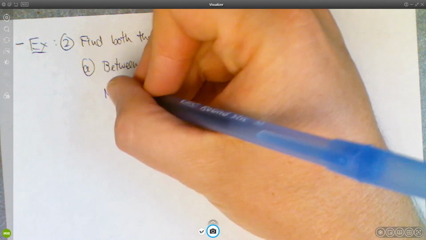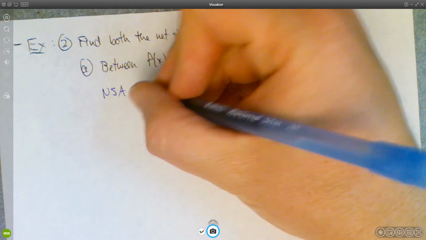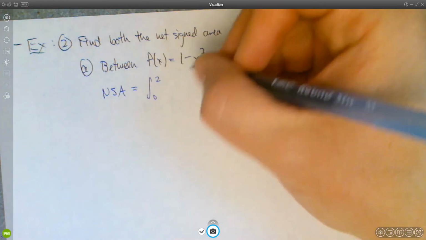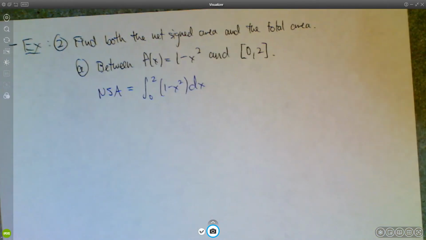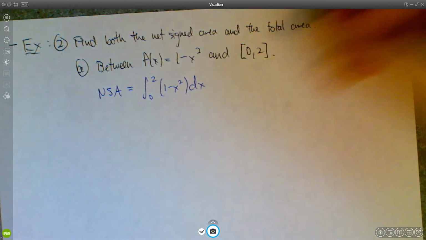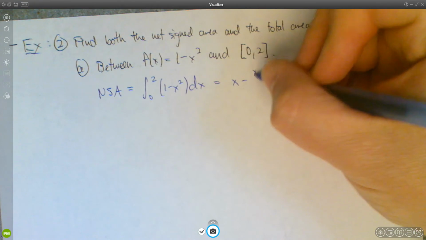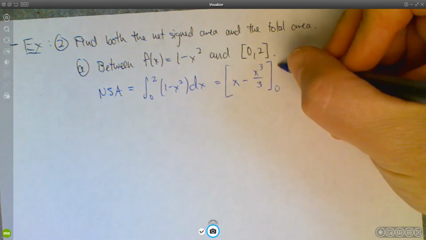So the net signed area, I'm just going to abbreviate it, NSA, right? Well, that's just the integral from 0 to 2 of f of x, 1 minus x squared dx. Let's see what we get. That's going to be x minus x cubed over 3 evaluated from 0 to 2.